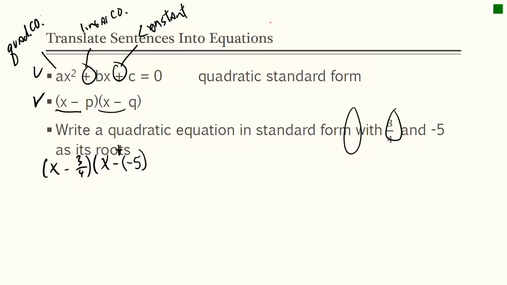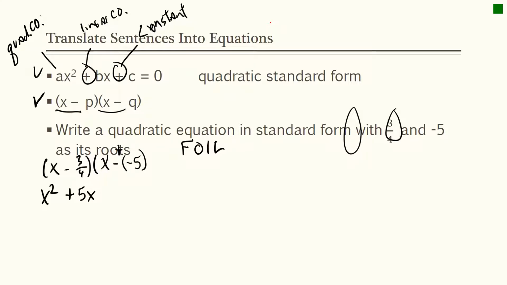Now, let's just FOIL. And if you're having trouble with FOIL, we got a FOIL video out here in this chapter, so review it. So I go x times x, that's first, F for first, and I've got x squared. And then the outer, F-O-I-L, let me just write that right there. All right, so I do my outer term. So I go x times +5, because I got that -5. So I've got +5x.